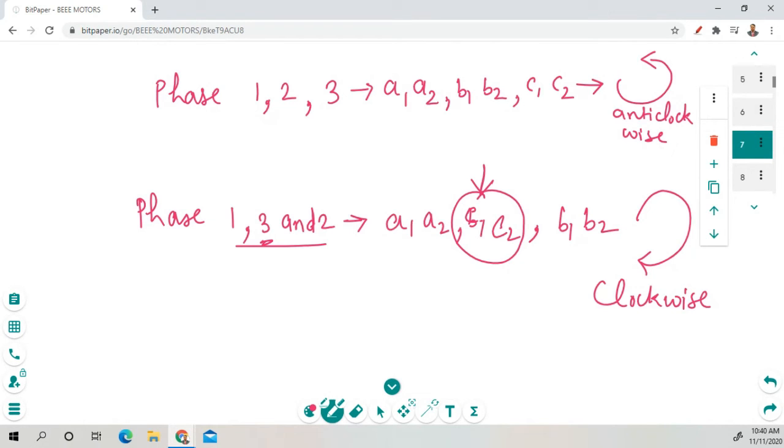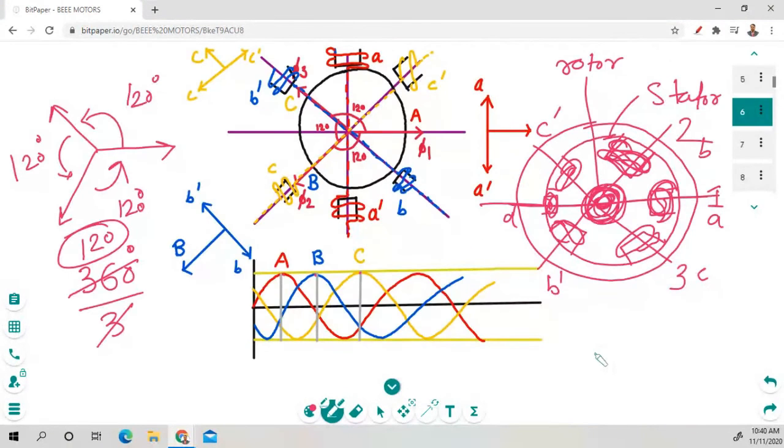Sir, can you show the previous diagram again, Gautam? Okay, so this is our previous diagram. Ask question, Gautam, what you want to ask. In this previous slide, we have seen how the three phases are going to be generated.